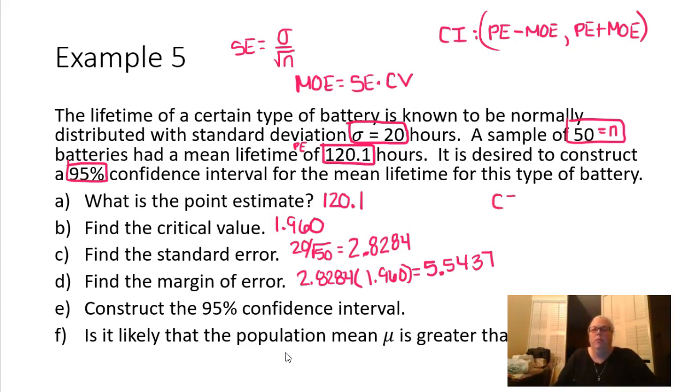Okay, so let's see our confidence interval. Our point estimate, 120.1, minus the margin of error, 5.5437, plus the margin of error, 5.5437.